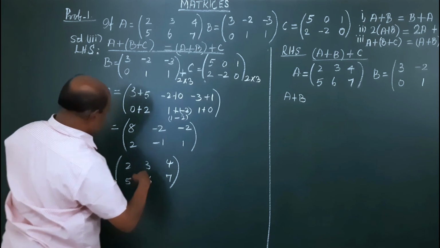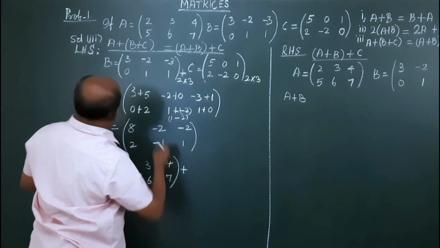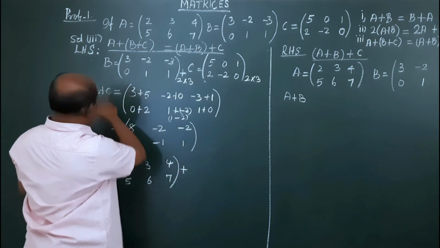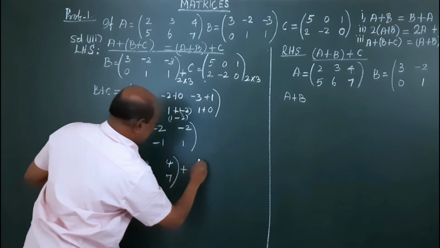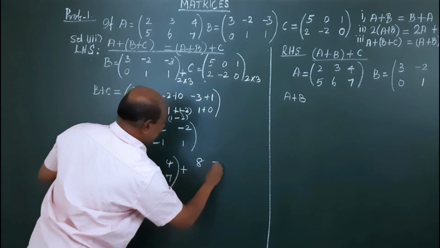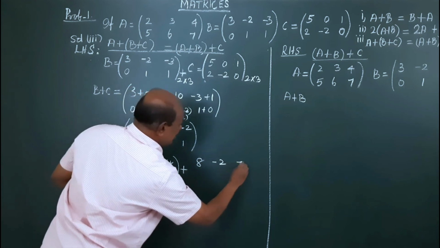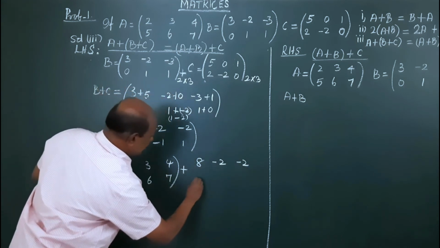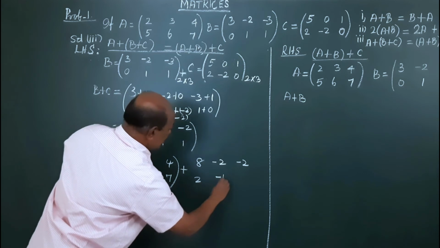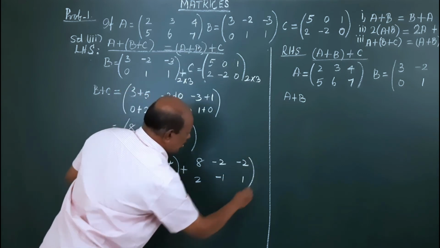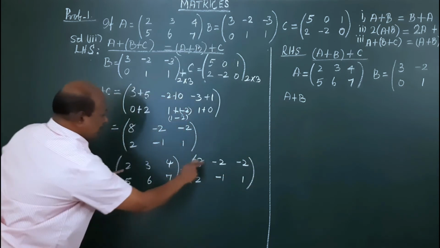That is the A matrix plus (B plus C). Here this is the B plus C. 8, minus 2, minus 2, 2, minus 1, 1. Now we have to add it.